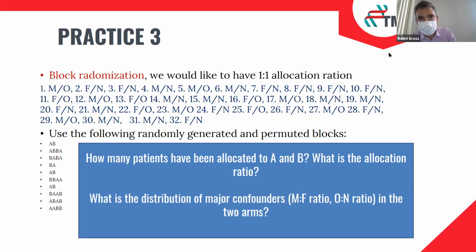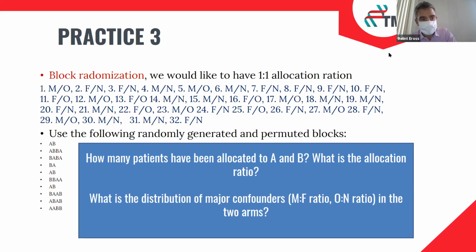Simple randomization is good for large samples if you do the randomization in a single center. Blocking is very good if you don't have a large number of participants in a study, but can ensure that the allocation ratio is maintained throughout the study.